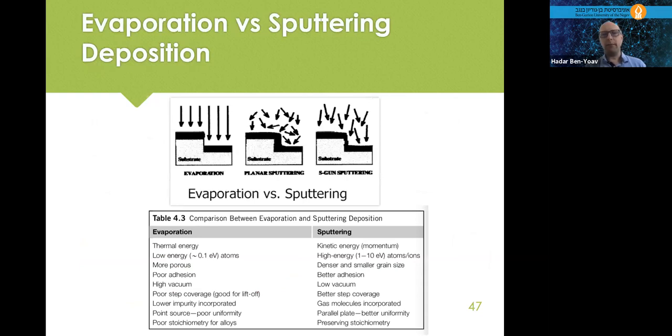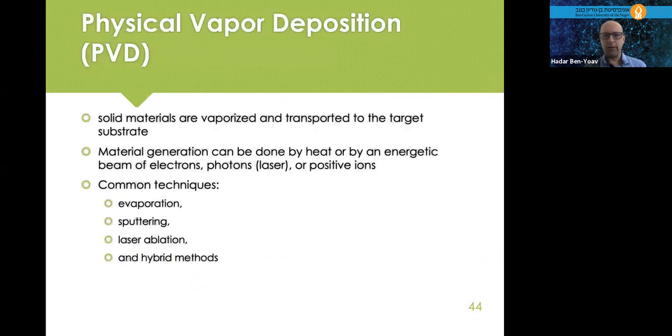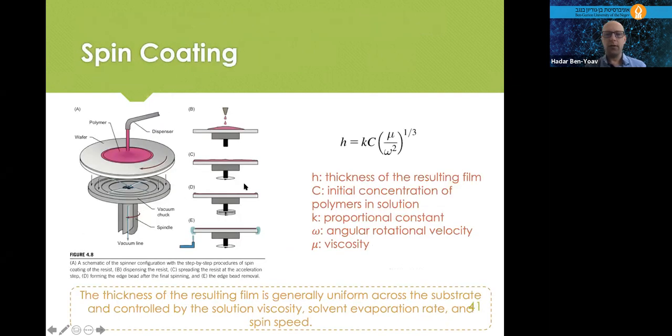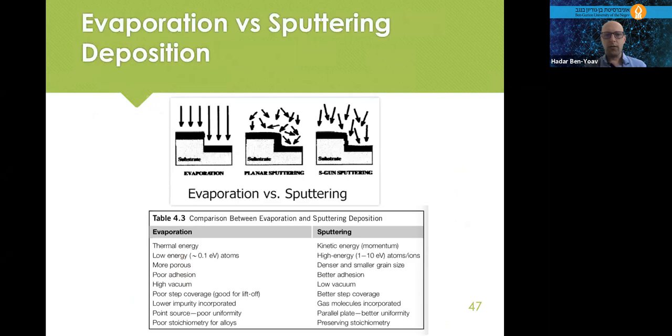When we compare evaporation versus sputtering deposition, we can see that evaporation gives us a uniform but non-conformal coating, because the atoms travel in very much the same direction when you do the evaporation.